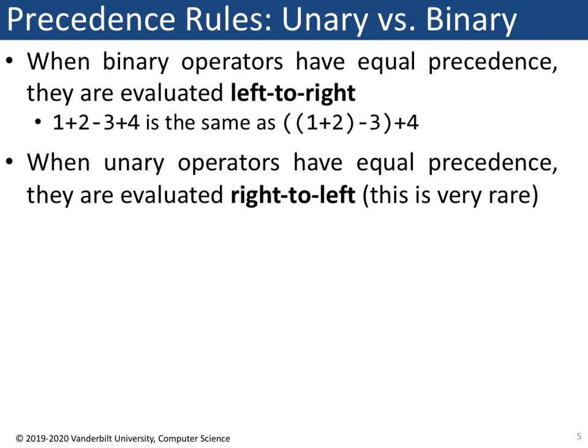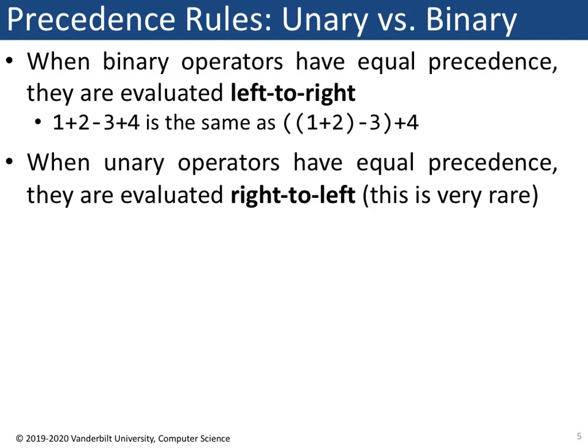It's common to have multiple binary operators of equal precedence in a single expression. For instance, here we have 1 plus 2 minus 3 plus 4. These binary plus and minus operators have the same precedence. In this situation, we evaluate left to right.